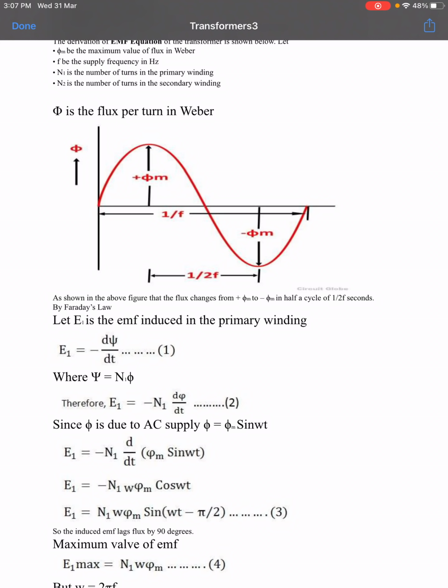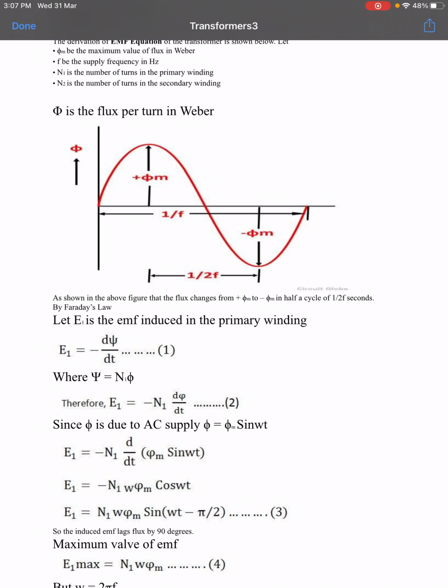So E1 equals N1 omega phi m times minus cos omega t, and we can write minus cos omega t as sin of omega t minus pi by 2. So this is the induced EMF.